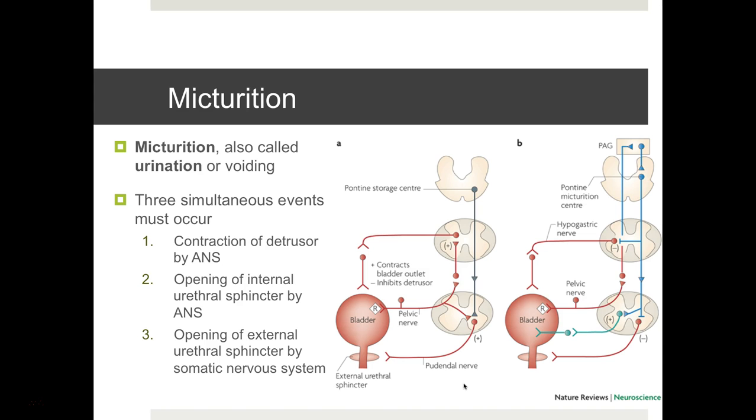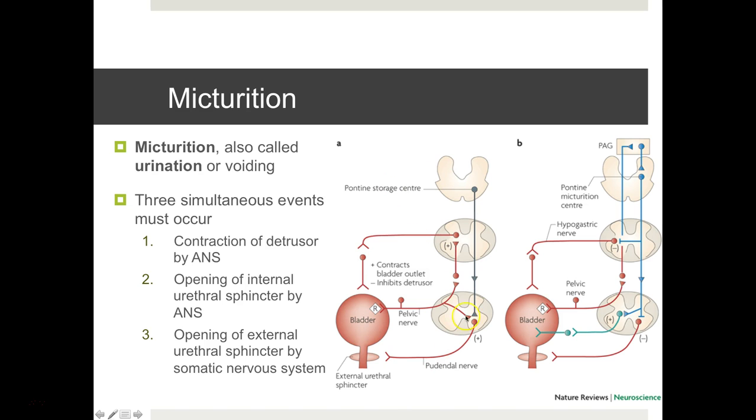So I have this image to the right here where I discuss a little bit more of the neuroanatomy that has to do with micturition. So this is going to be a little bit extra information for those of you that just can't get enough of anatomy. So if not, you can fast forward through this portion, although I don't know why you wouldn't want to know this information here.